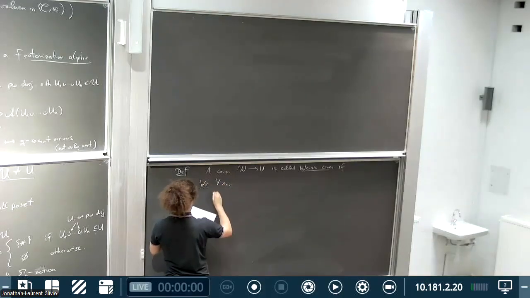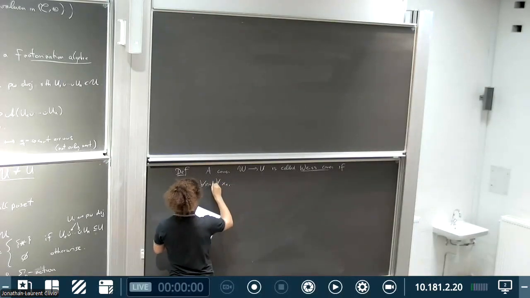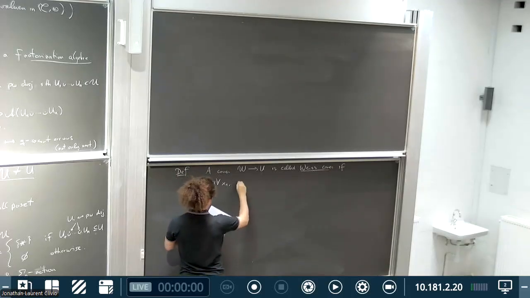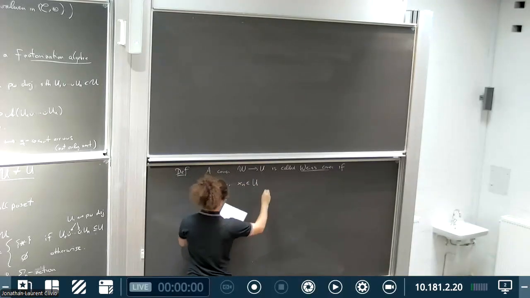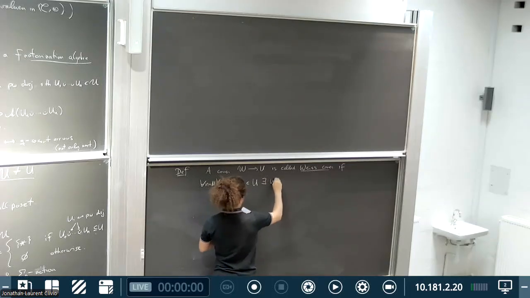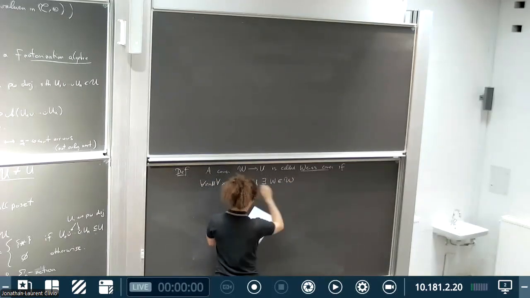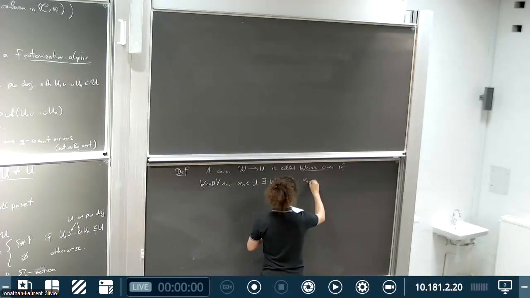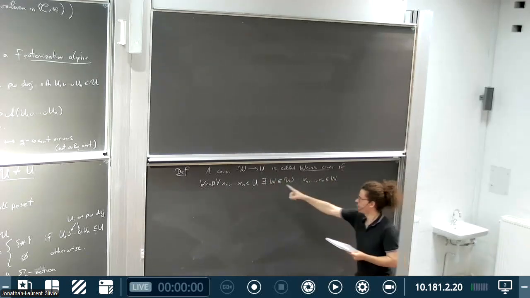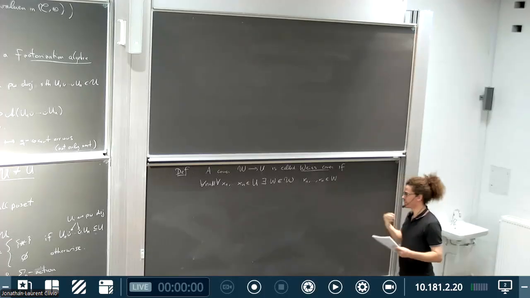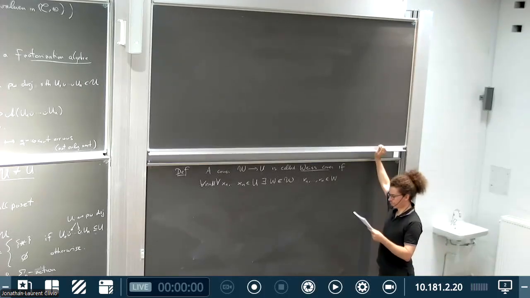So for all n and for all finite lists of elements x_1 to x_n in U, there exists a single W that contains all of them. Of course, jointly the W's cover them all, but we want that there's one that covers them all.